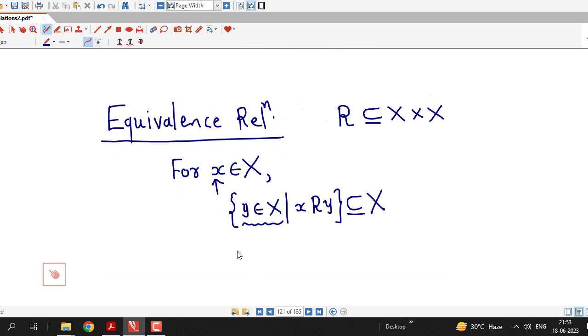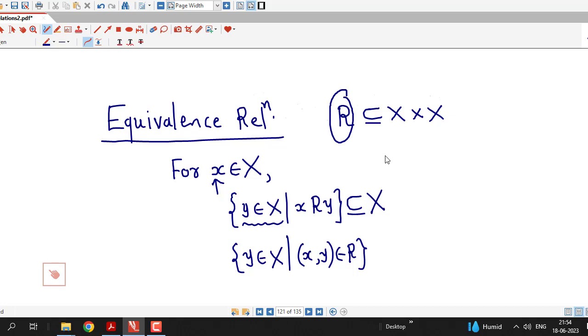We can write in this way also. We are considering all those elements y in X such that ordered pair (x, y) belongs to relation R, where R is an equivalence relation on a set X.